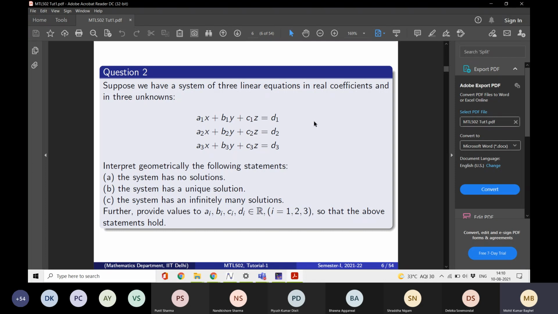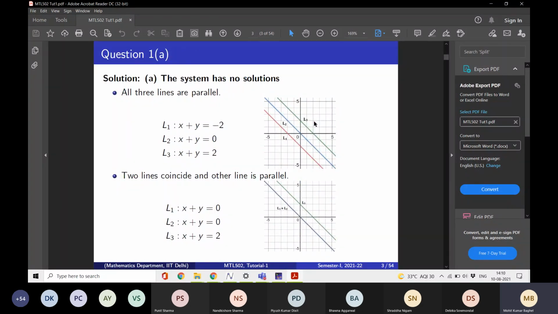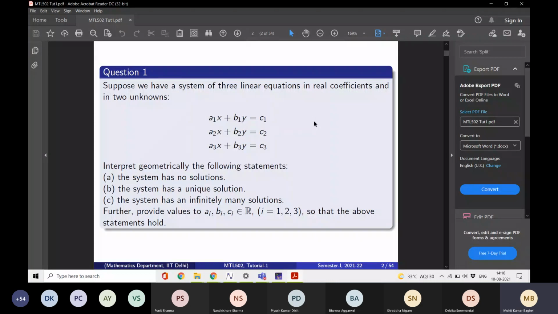Okay, so in question 1, there are three lines. What do you mean by a solution of the given system of linear equations? That is the question, right? These are three lines, that point is clear, right?